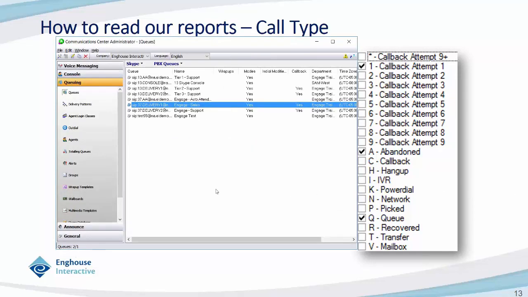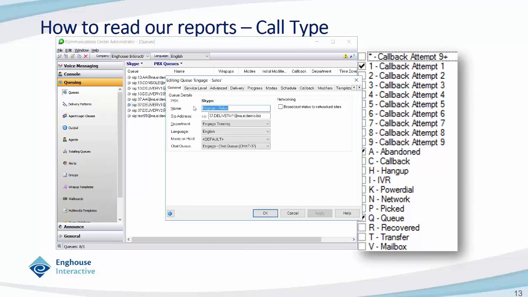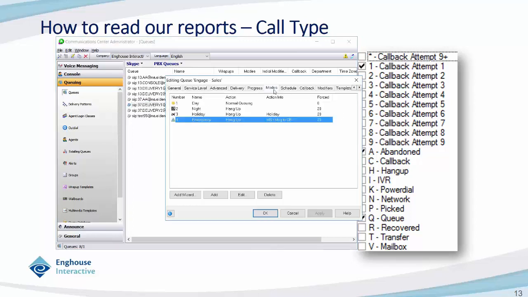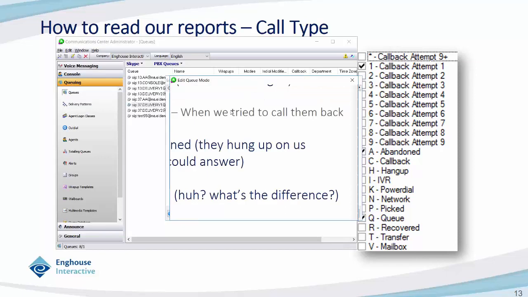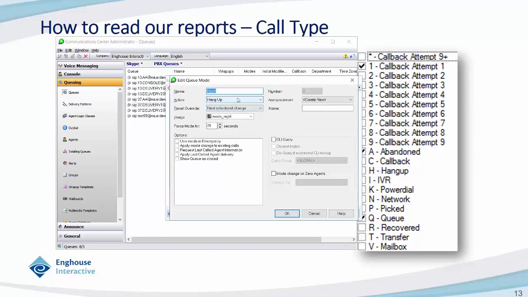If I go to my queues, under queuing, queues, and I'll just grab this one here, and I'll go to my modes. If I have this set, in fact, we'll look at this night mode. If I have it set, and a lot of people do, for play announcement, they think, great, I'm going to play them an announcement saying we're currently closed.